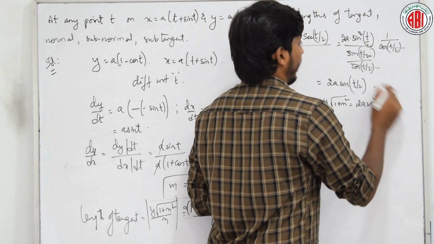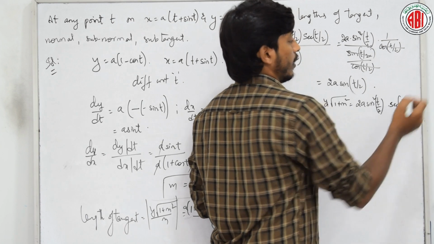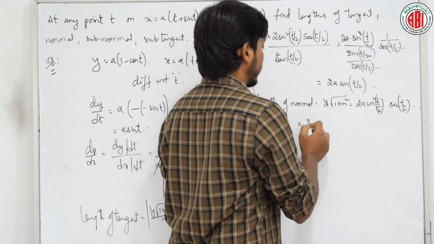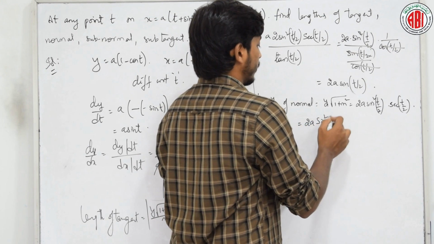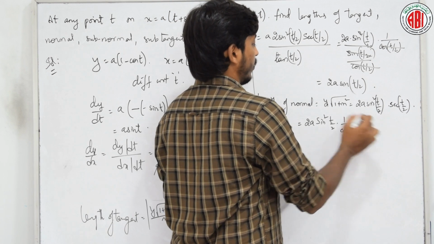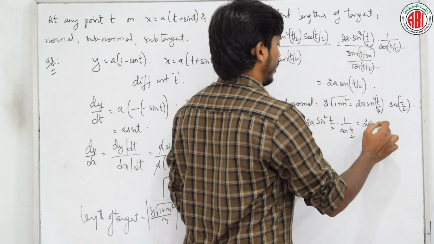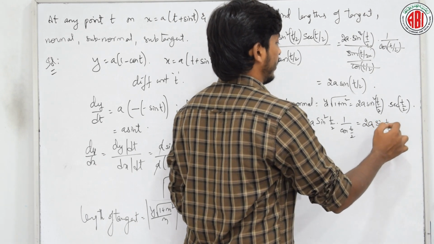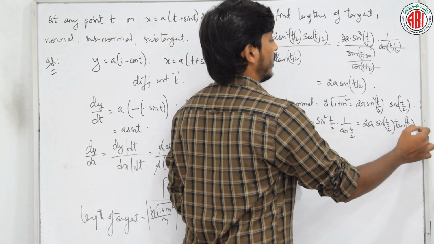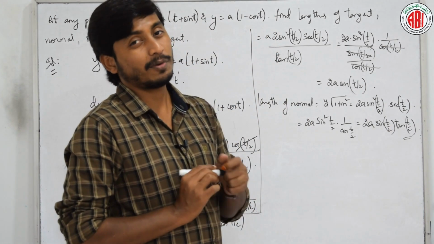Yes or no? Clear? If you want to simplify more, I can write secant as 1 by cos t by 2. Sin by cos is tan, and I will be left with one more sin. So it is 2a sin t by 2 into tan t by 2.